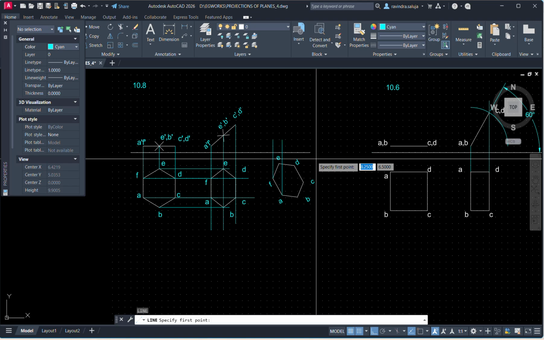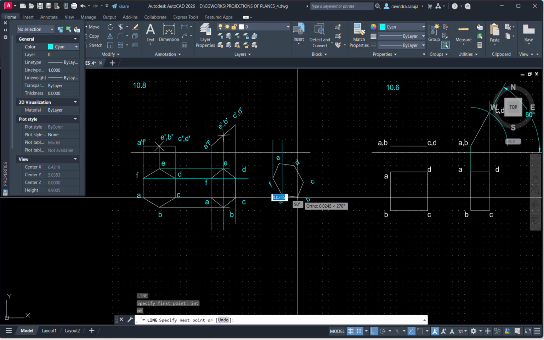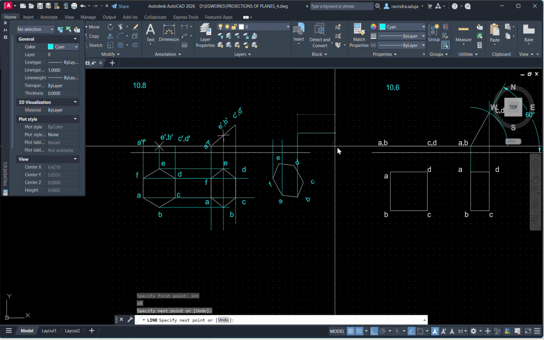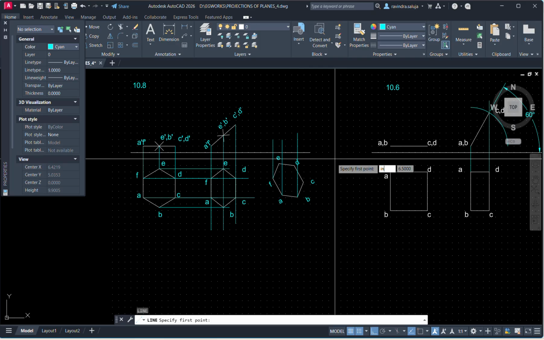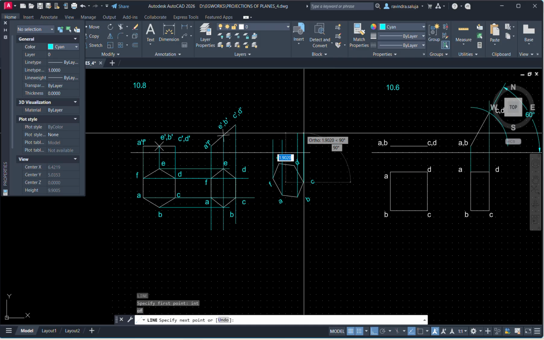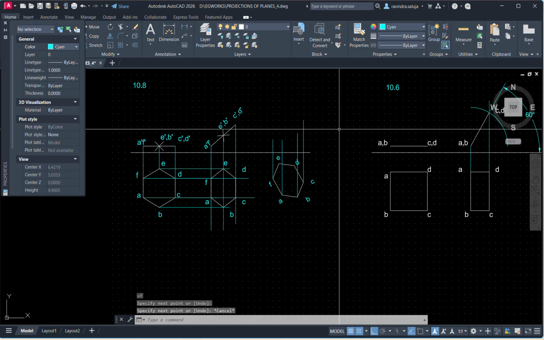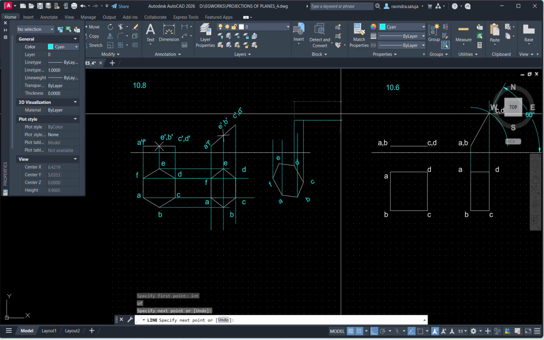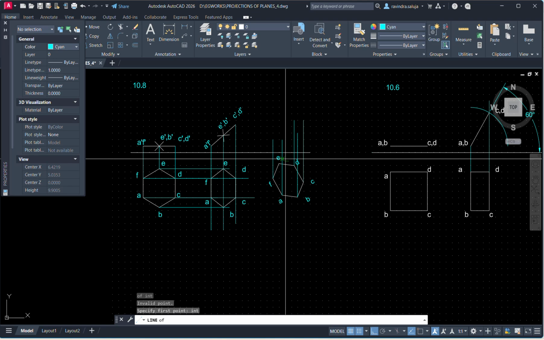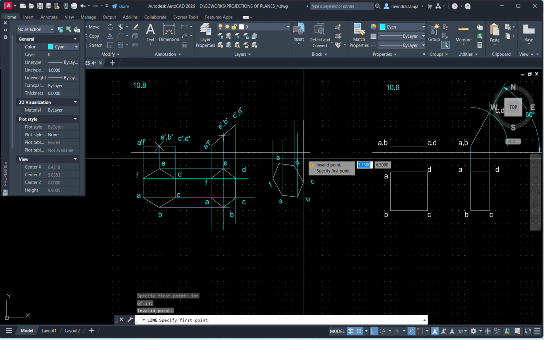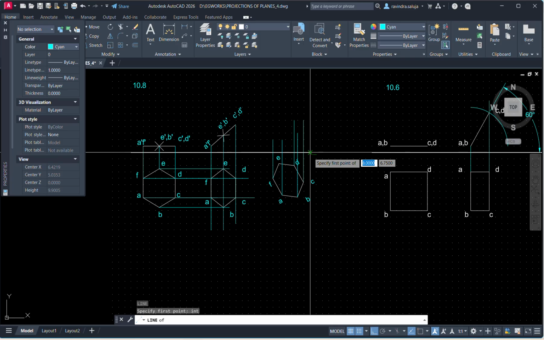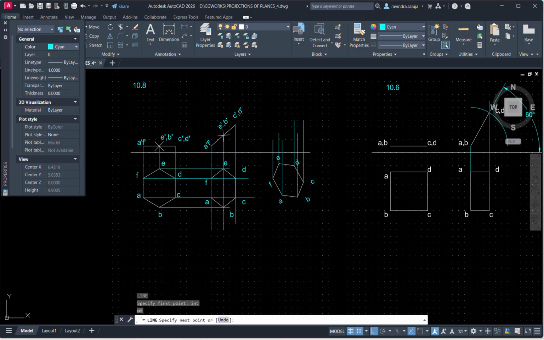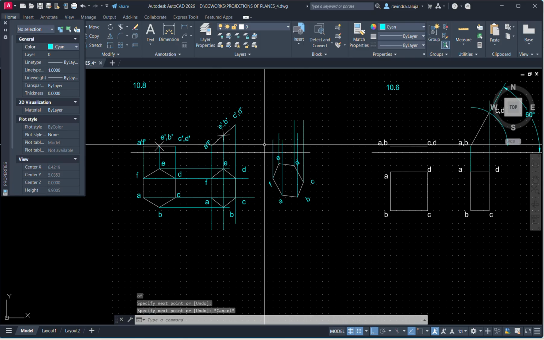Okay. Similarly from B, similarly from C, similarly from D, and similarly from the rest. Okay. So now from this side you have to transfer the points.